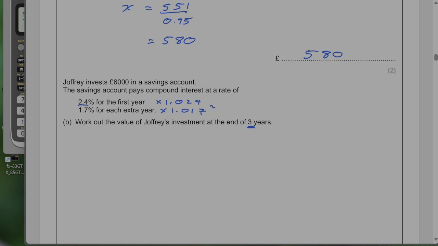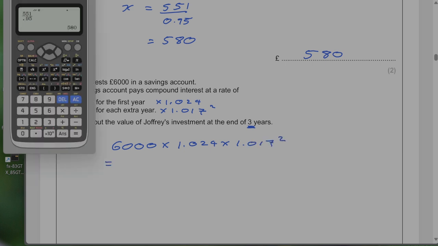plus another 2. So we need to do 6,000 times by 1.024 times by 1.017 squared, and that gives us the total amount.